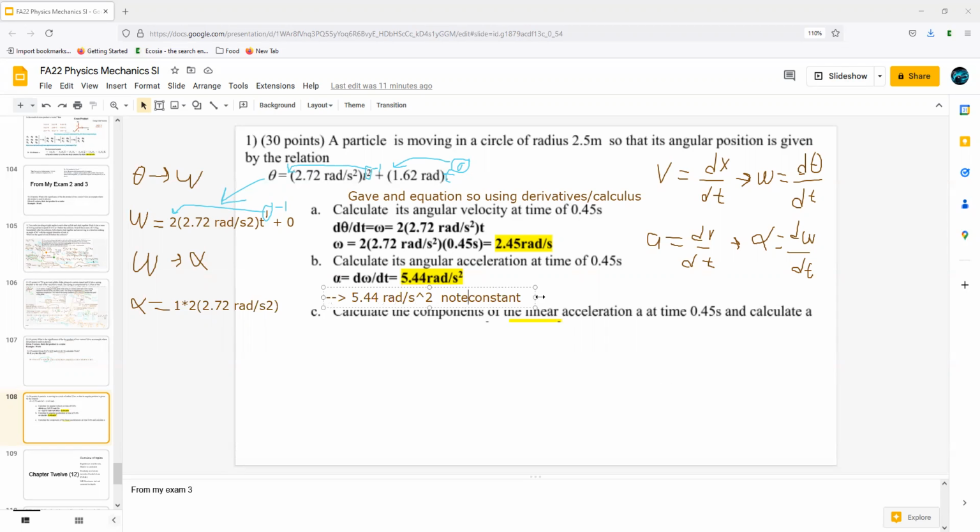Note, no t, so constant acceleration. Cool.